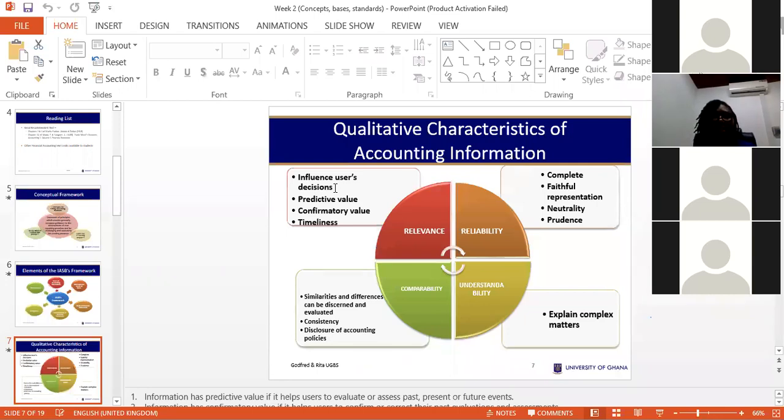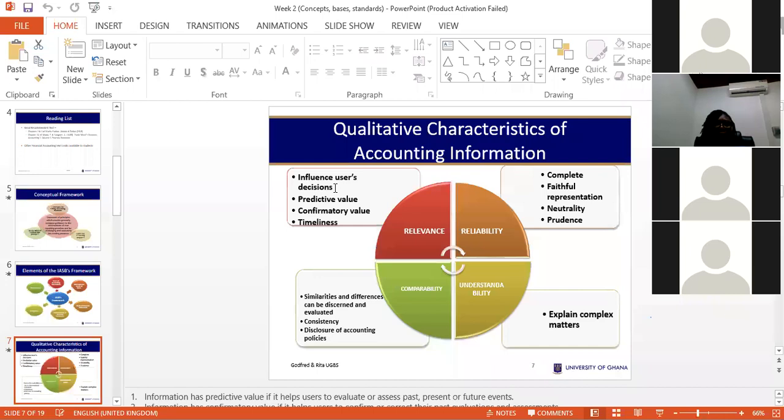But within the next 12 months, 3, 6, 12 months, information I have today should be able to help me make some decision or come to some conclusion about the business within the next few months. Okay, so it should predict some occurrences into the future. Of course, not the very long term. We are talking about the short term future.